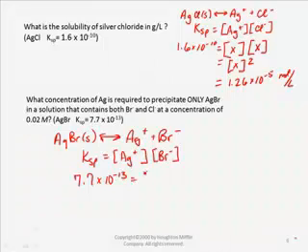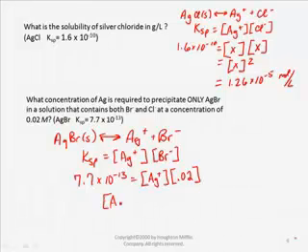We don't know what the silver molarity is, but we do know that we already have 0.02 molar of the bromide in solution. So we're going to put that in for our bromide concentration. And what that gives us is a silver concentration of 3.85 times 10 to the minus 11 moles per liter.